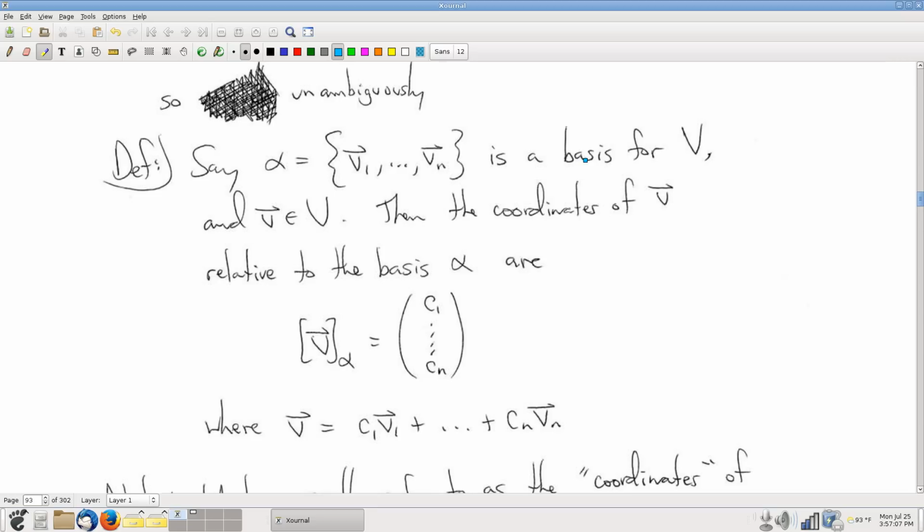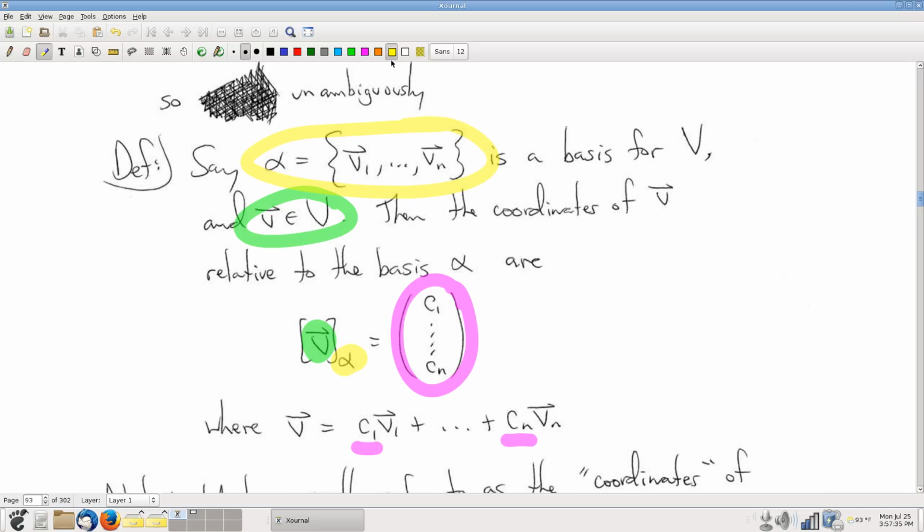So here we go. If you have a vector V in a vector space, and if you have a basis alpha, then what we call the coordinates of that vector with respect to that basis are whatever these coefficients are, whatever the coefficients are that you have to take of those basis vectors to get the vector in question.